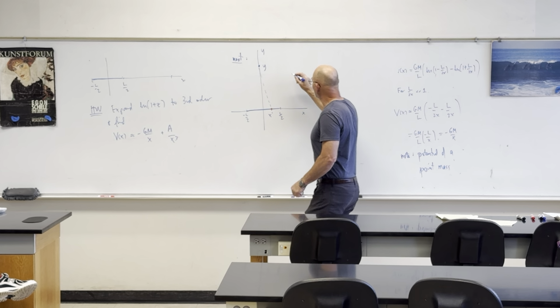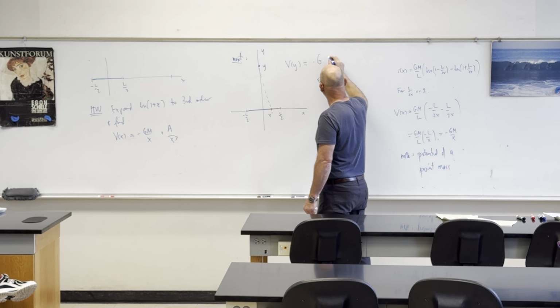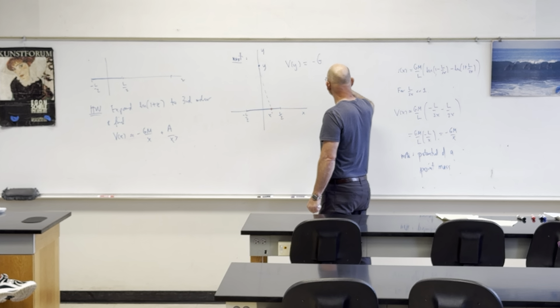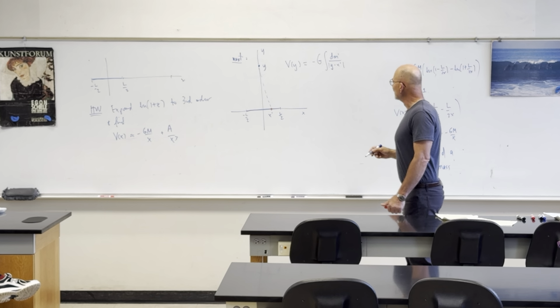So now we're going to have V of y equals minus G integral dm over y minus x prime. That does the trick.